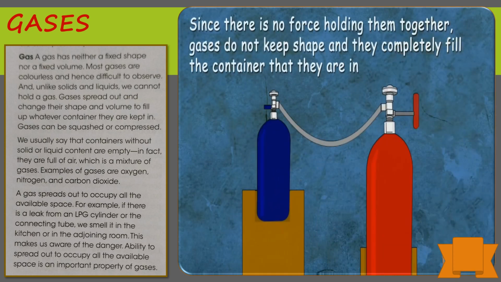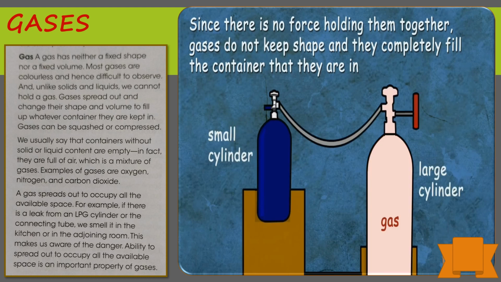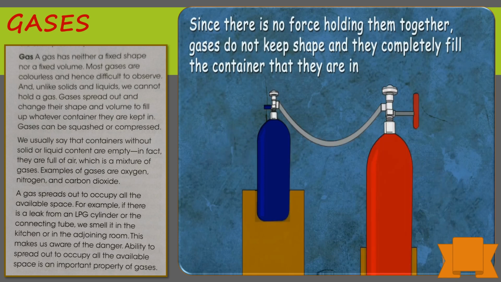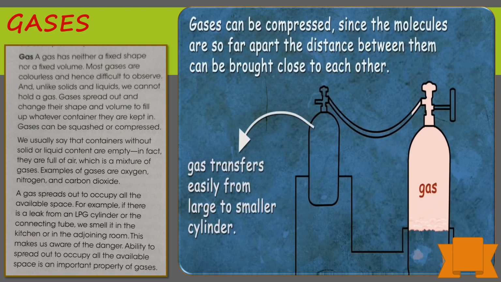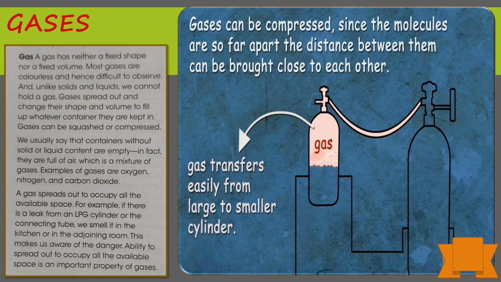Since there is no force holding them together, gases do not keep shape and they completely fill the container that they are in. Gases can be compressed since the molecules are so far apart, the distance between them can be brought closer to each other. Gas transfers easily from a large to a smaller cylinder.